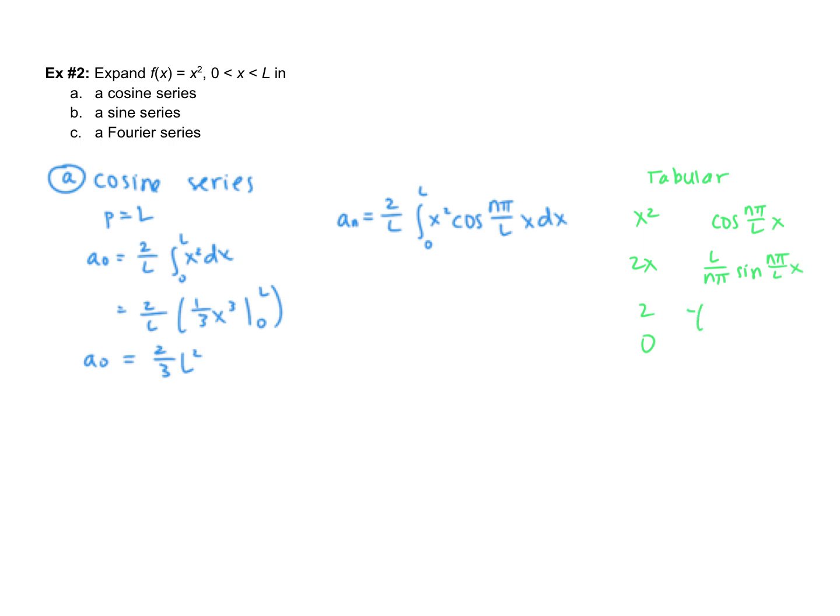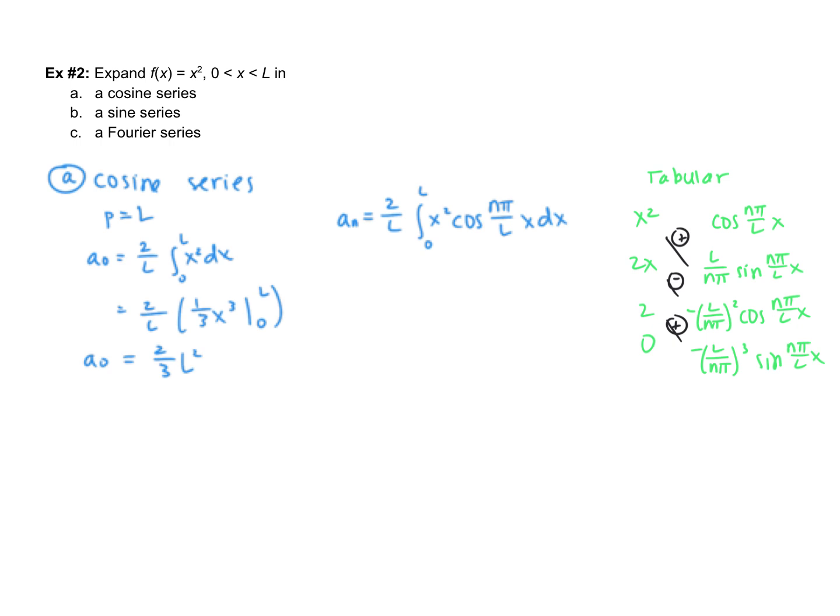Then I get negative L over n pi squared cosine of n pi over L x. And then I get negative L over n pi cubed sine of n pi over L x. So then if you remember the deal with tabular, we're going to go along our diagonal. We're going to keep the sign, flip the sign, keep the sign.